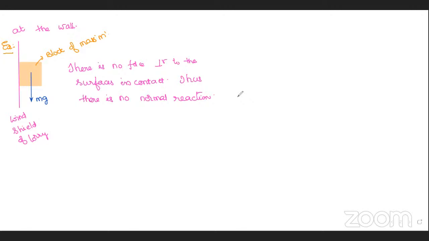If he simply places the duster on the board and leaves his hand, immediately the duster will fall down. Without normal reaction. Such a type of story I explained here.